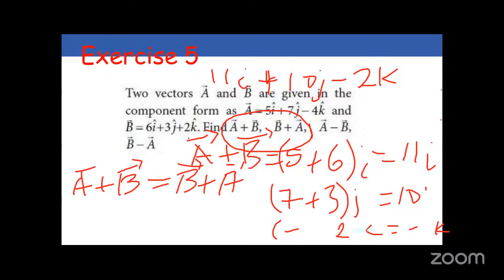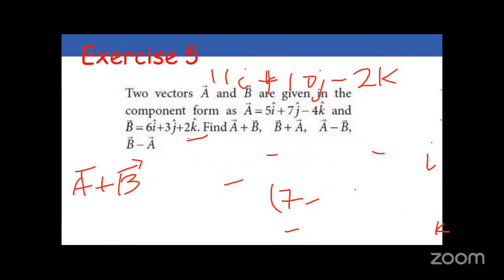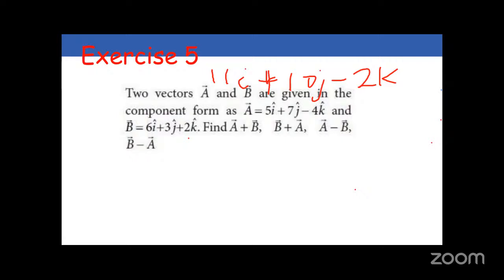So we move on to the next, which is vector A minus B. Vector A minus B is not equal to vector B minus A. Or vector A plus B is equal to vector B plus A. So let's find vector A minus B. So vector A, i is 5. 5 minus 6i is equal to minus i.